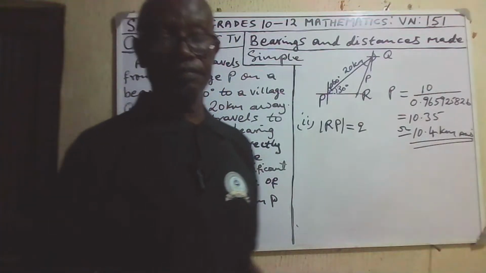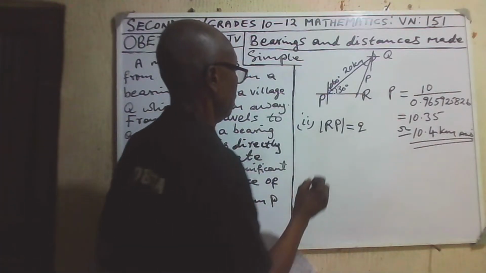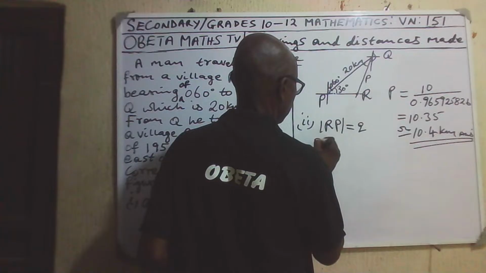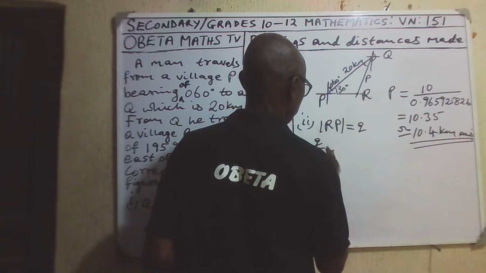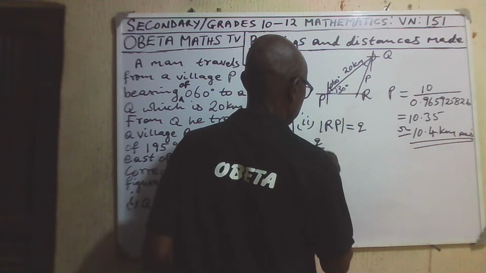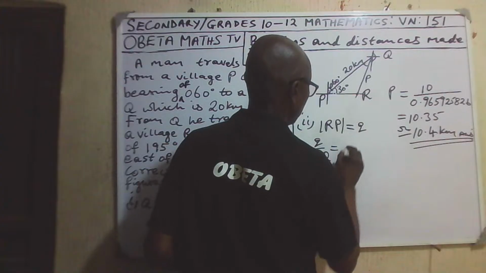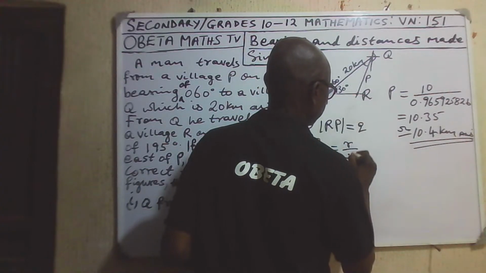Again, we use the sine rule, and that should be q over sine Q is equal to r over sine R.